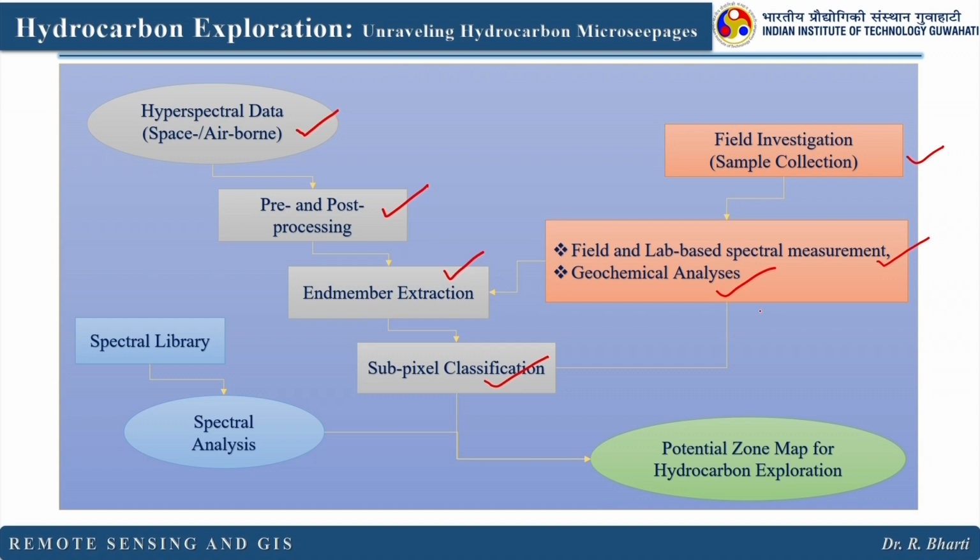Once you have all these results, then you can use this spectral library and merge all this information together to identify what are the potential areas for this hydrocarbon exploration.